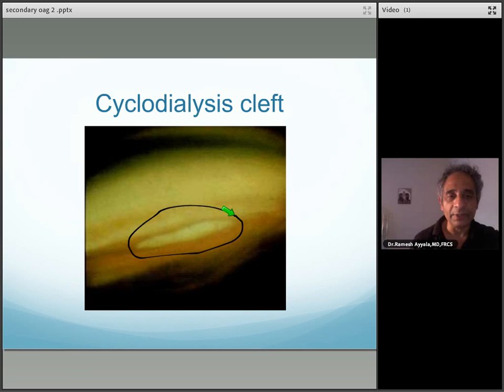So the difference between cyclodialysis cleft and angle recession: in cyclodialysis cleft, there is a disinsertion of the longitudinal muscle fibers from the scleral spur itself, giving rise to an alternative pathway for the fluid to access the supraciliary space, as opposed to angle recession, where there is a split in the face of the ciliary body between the longitudinal and the circular muscle fibers.